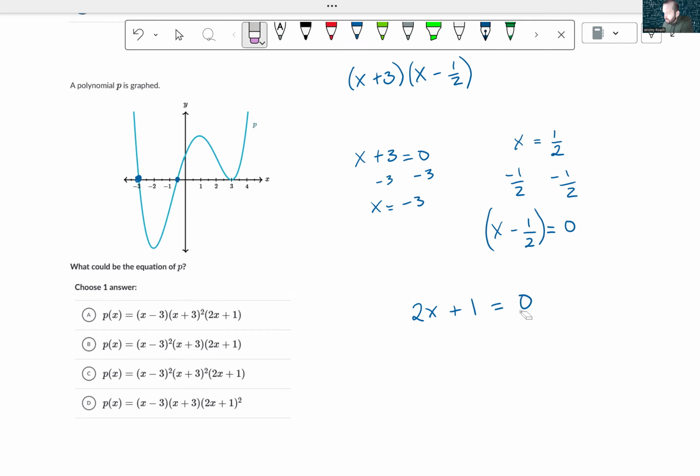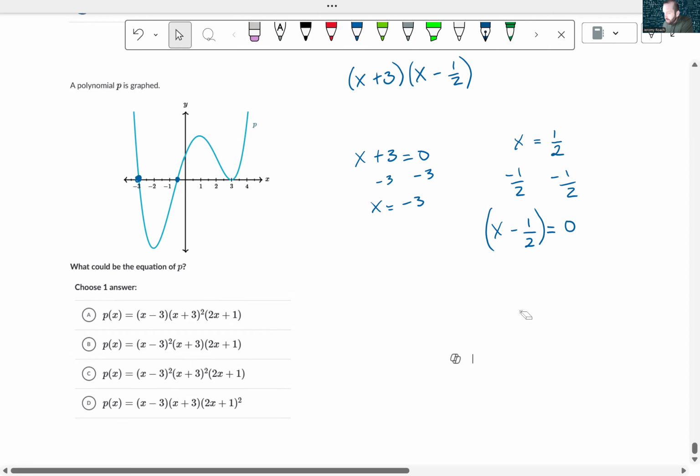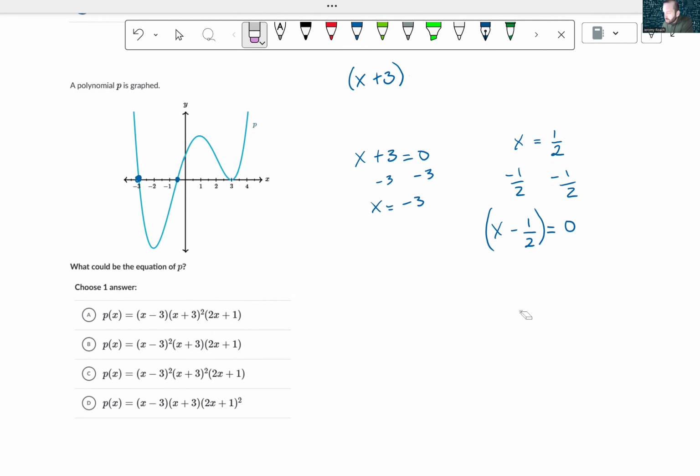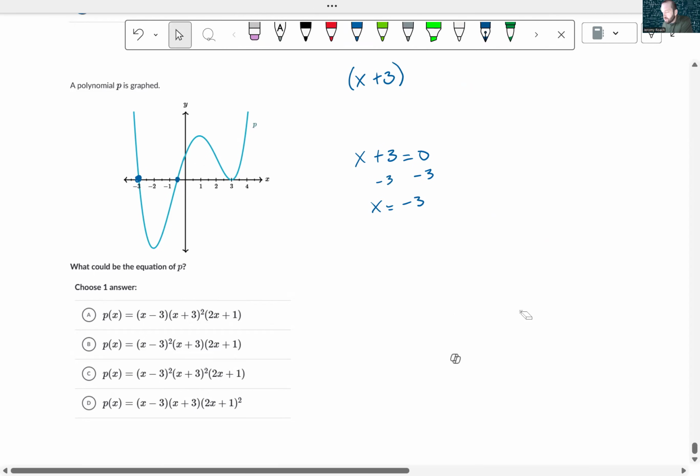I need to go back here just a second. So this should have been, let me go back just a couple steps here. We're going to start this over because I wrote 1/2 and it should be negative 1/2. And if you caught that, that's great.